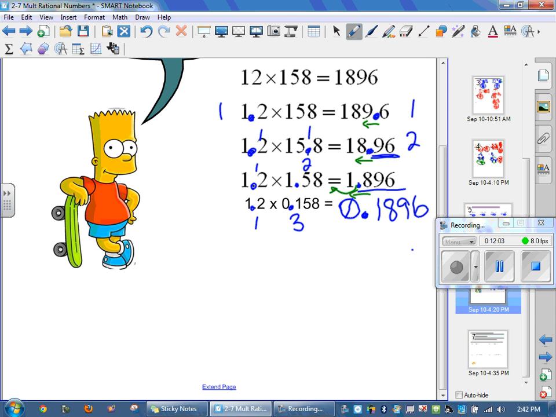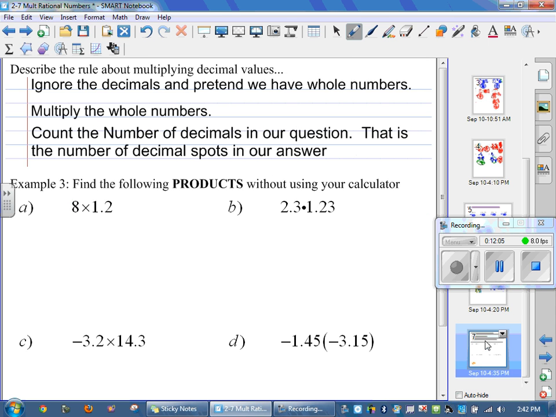Now, a rule about multiplying decimal values. There's a couple things you can do. One strategy is to ignore the decimal and pretend you have whole numbers. Multiply the whole numbers. Count the number of digits after the decimal in the question. Then that's how many digits are after the decimal in the answer.